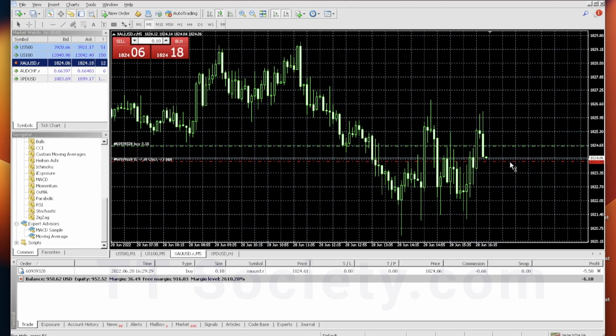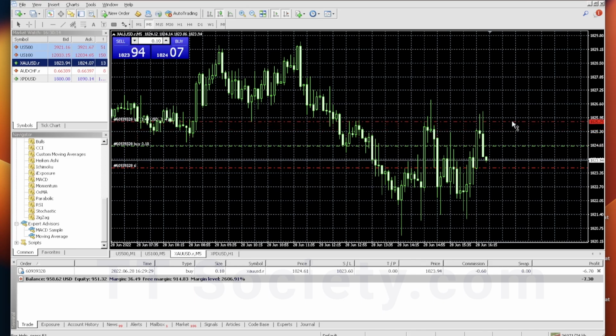So as you can see, I can go down here. So that's my 1%. That's about roughly my 1% loss. And I can move that up to here to take my 1R winner. So we're looking at a risk reward ratio of 1. I'm risking one in order to make one.